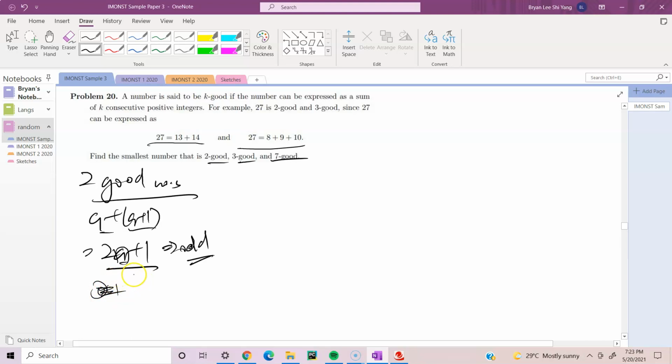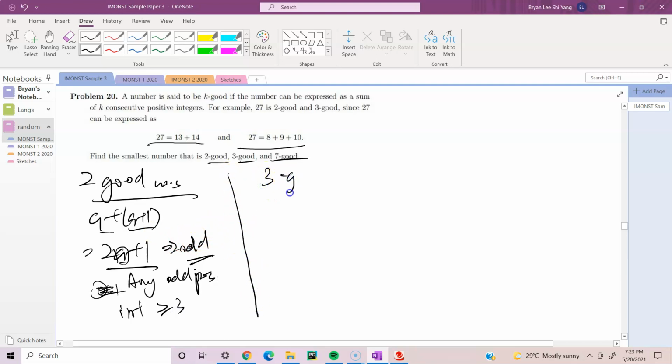So all 2 good numbers include any odd positive integer larger than or equal to 3. These are the characteristics of 2 good numbers.